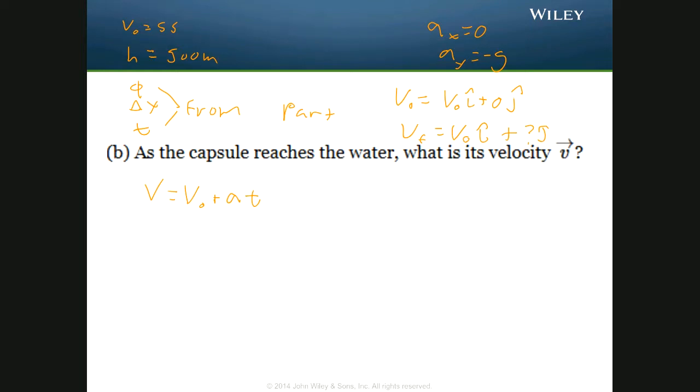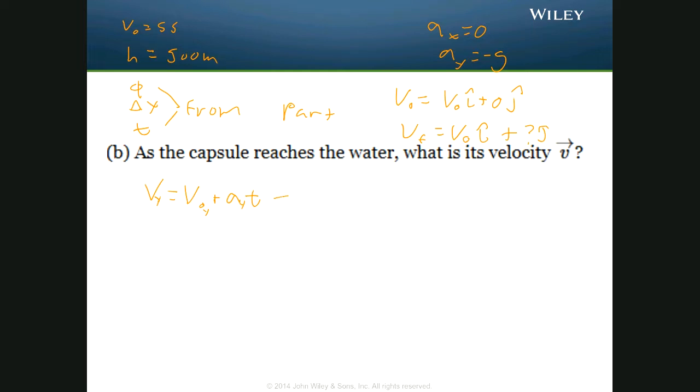So remember v naught y, this is in the y direction, right? Vy is going to equal v naught in the y direction plus ayt.